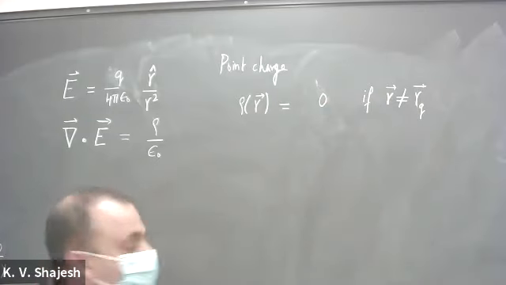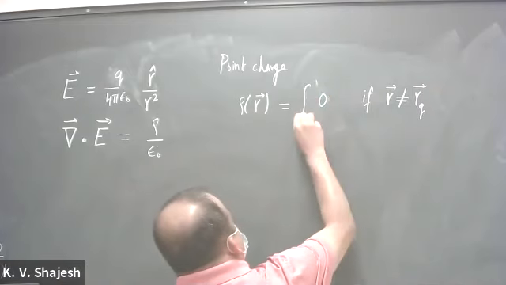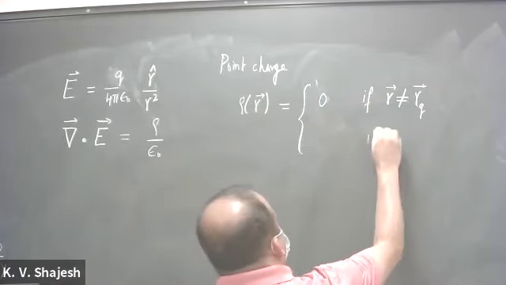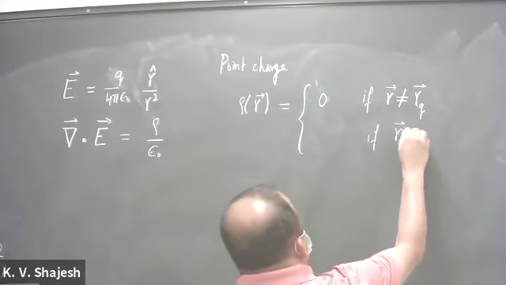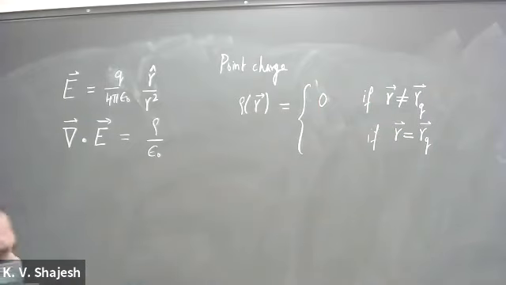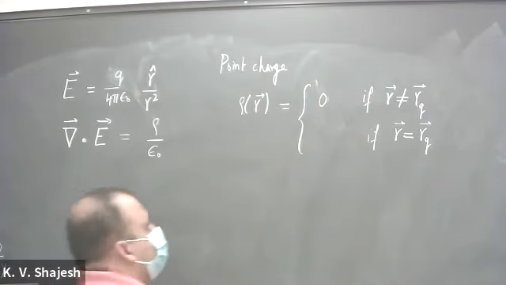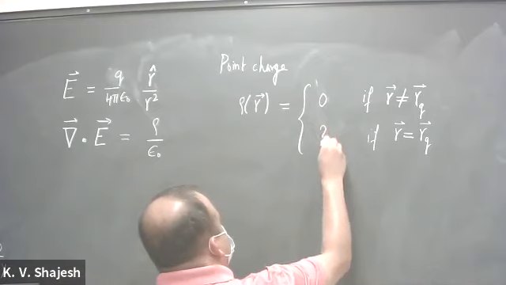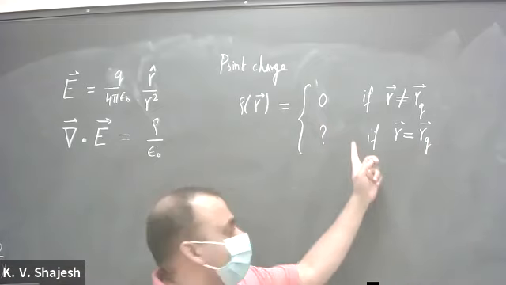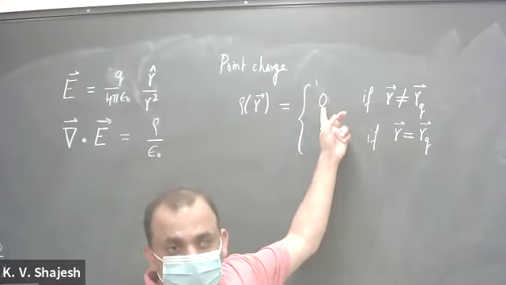Is that clear? But this is not equal to zero if r is equal to r cubed. In fact, the question is, what is this equal to, right? There's only one point where the charge is. At one point it is something, everywhere else it is zero.